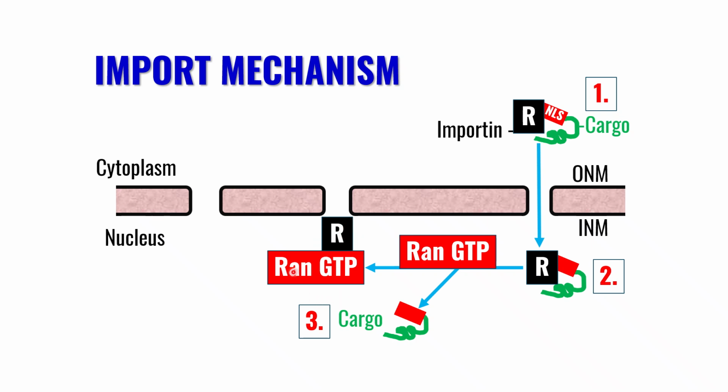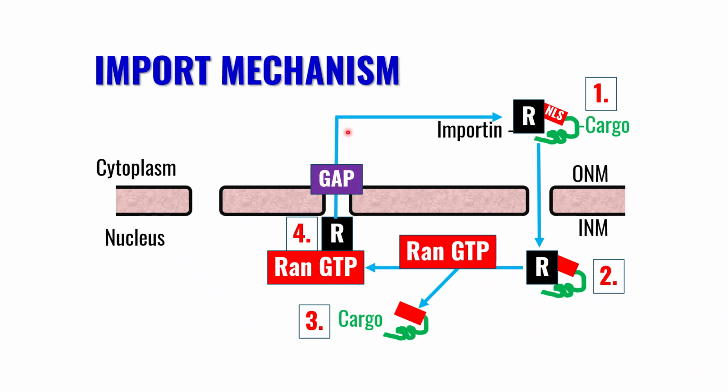So this complex of receptor and Ran-GTP in step 4 moves through the pore into the cytosol, and while it is moving there is a protein called GAP which activates Ran-GTPase activity.